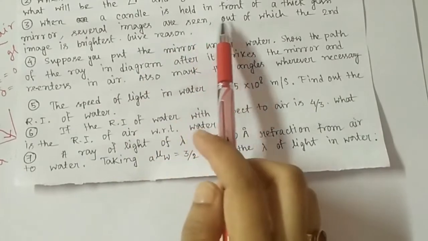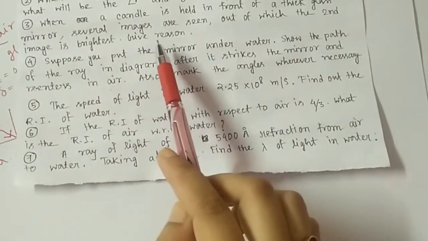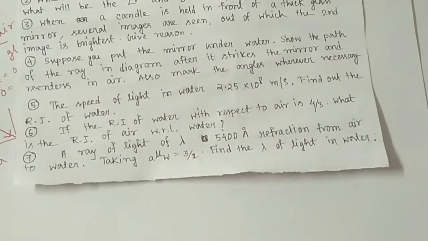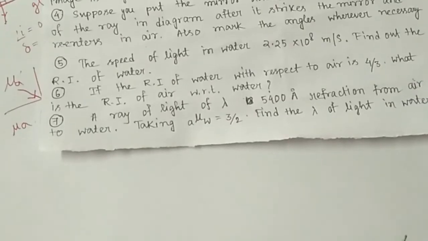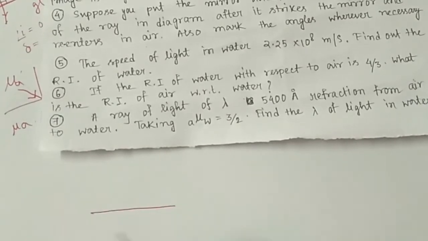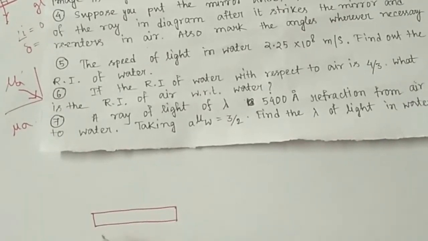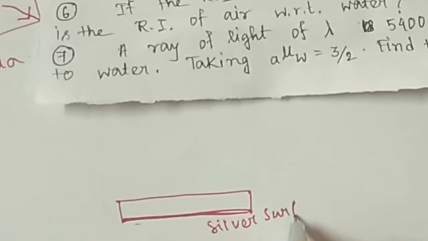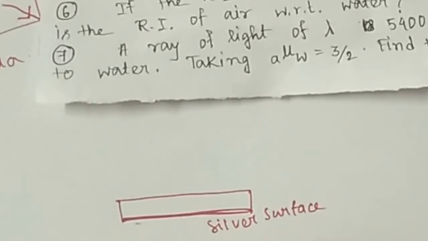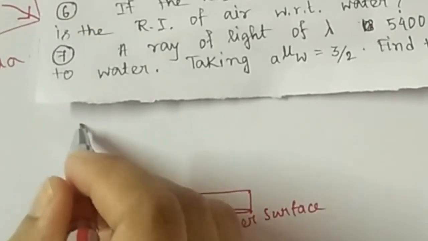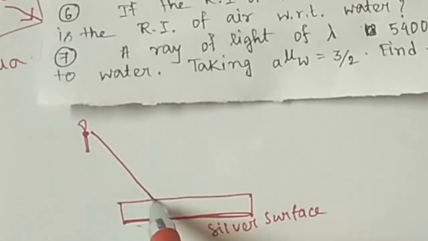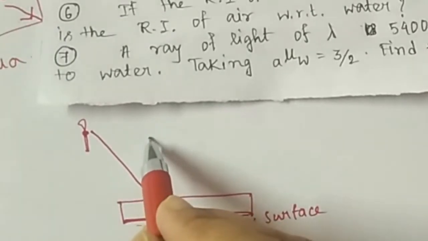When a candle is held in front of a thick glass mirror, several images are seen, out of which the second image is brightest. Give reason. Now we all know that this is your mirror and there is a silver surface on the other side of the mirror. Suppose there is a candle and the light ray goes from here and falls on this line, and there we draw the normal.